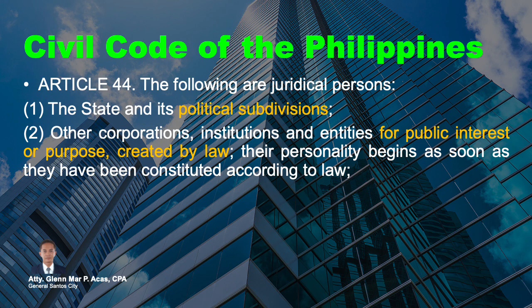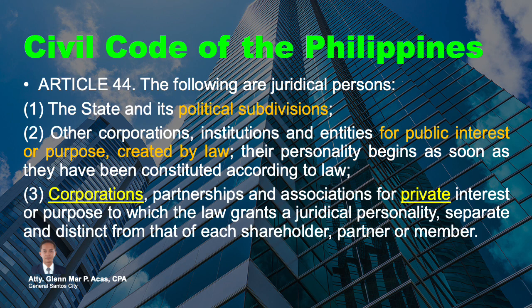So if you revisit the previous slide, it is stated there that there are two kinds of public corporation. Number one are the municipal corporations, which are the local government units. And number two, the quasi-public corporations, which is precisely what is being alluded to here in item 2 of Article 44.